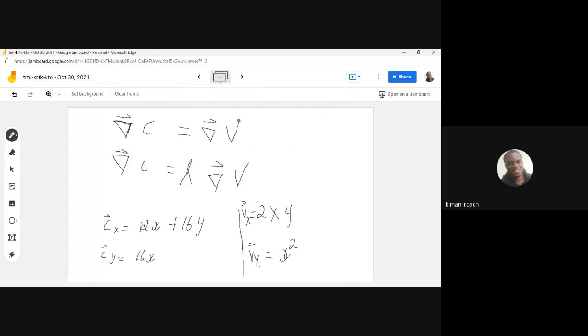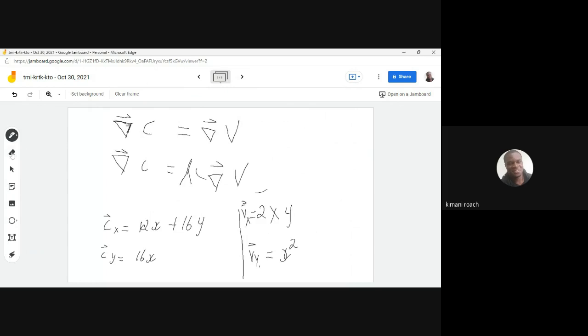Now, remember we say that for the production to operate at minimum, the gradient of the cost function must be parallel to that of the volume.